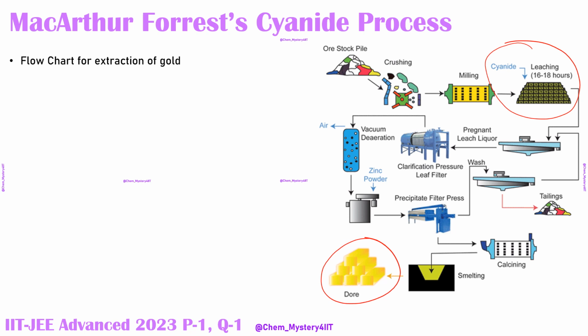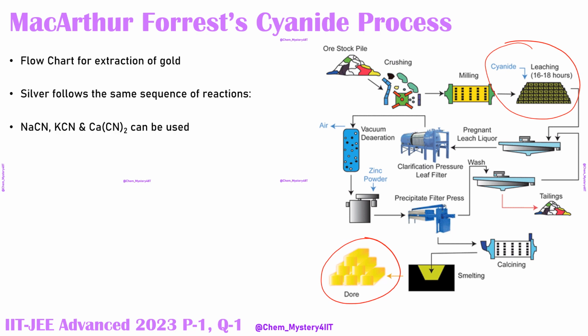We call the extracted gold dore, which may have a good percentage of purity. Silver can also be processed the same way. The sequence of reactions we are seeing here for gold, silver will also follow the same pattern. The source of cyanide we have been using is sodium, potassium, or sometimes calcium cyanide, and for both metals, silver and gold, we can use these methods.